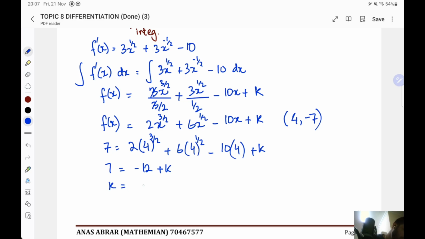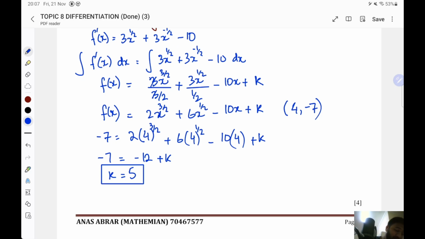Then you take it to the other side, so it will be negative 7 plus 12, which is going to be the value for k, which is 5.